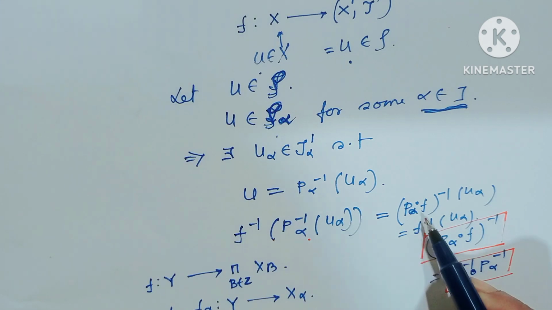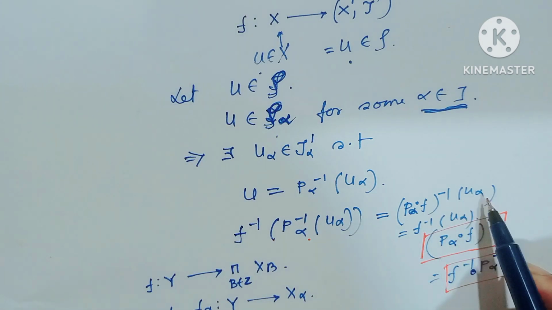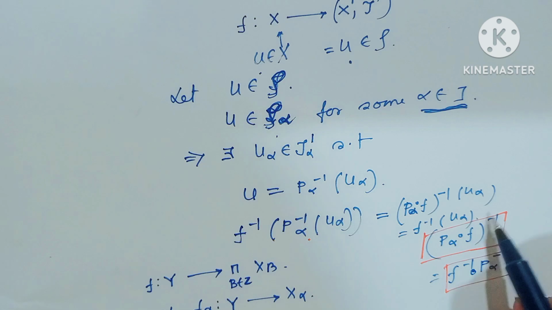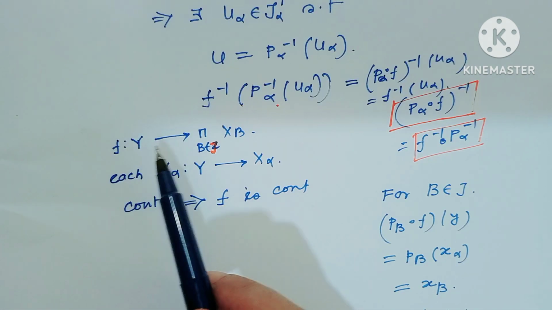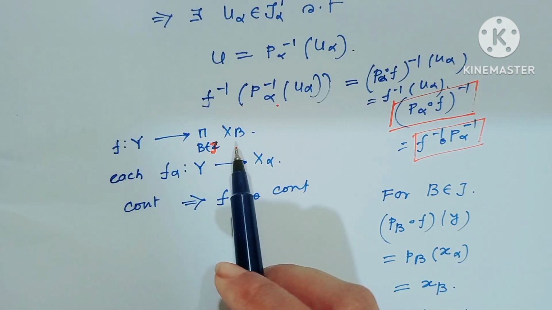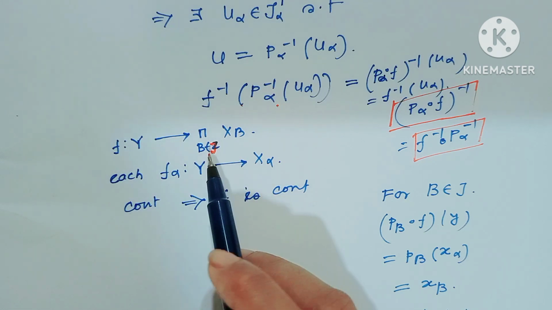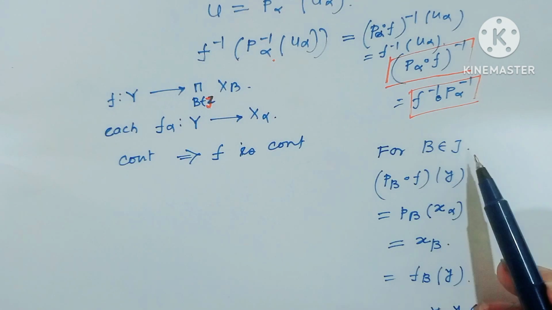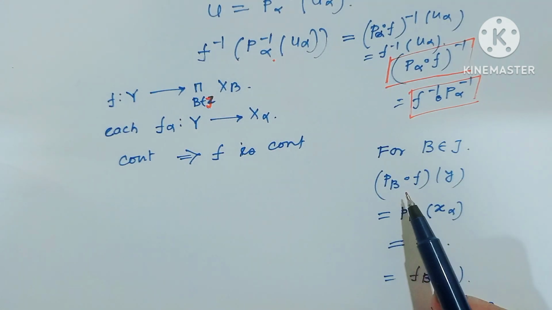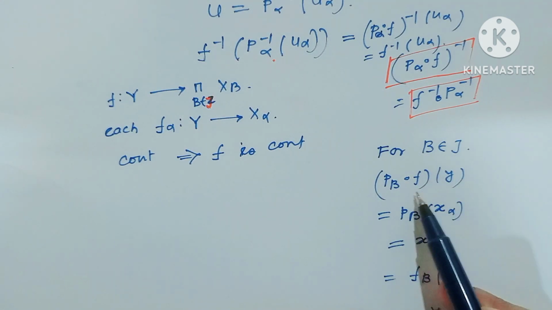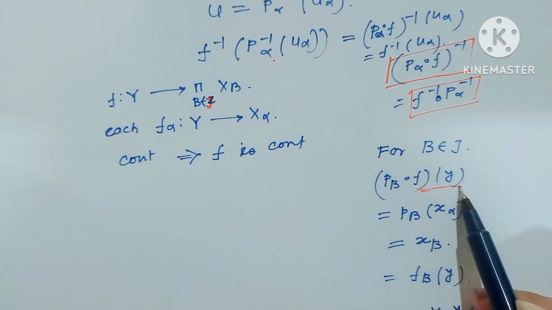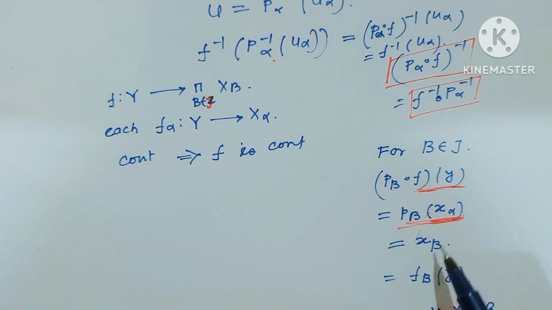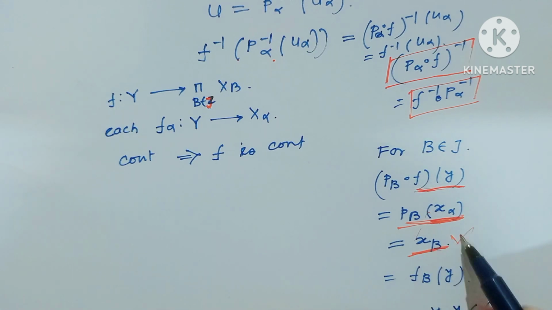And (P_alpha composed with f) inverse of U_alpha means f_alpha inverse of U_alpha, because if there exists a mapping f from Y to the product of X_beta, for each beta belonging to J, the projection mapping P_beta applied to f(y) means f(y) is x, and P_beta of x means x_beta, and x_beta is nothing but f_beta(y).